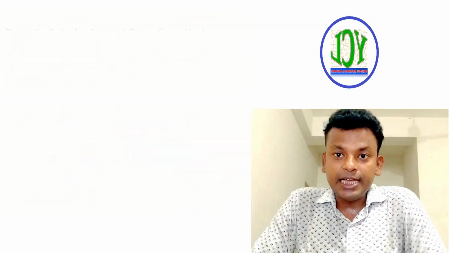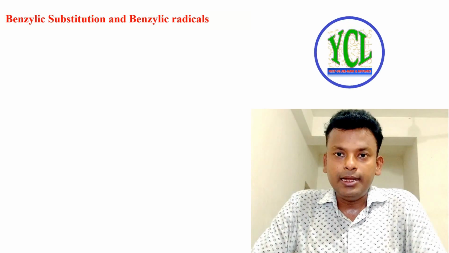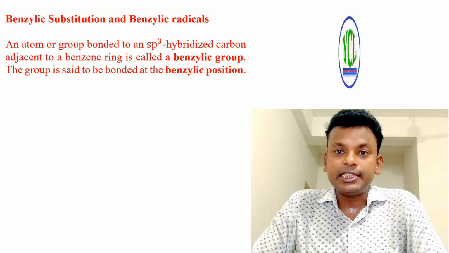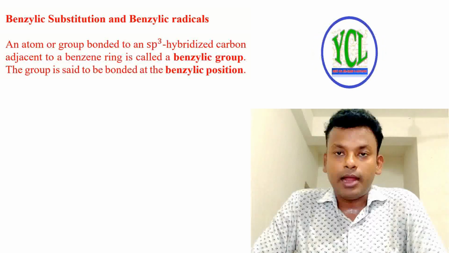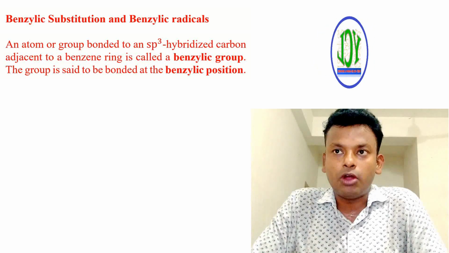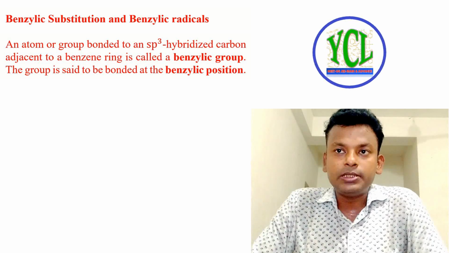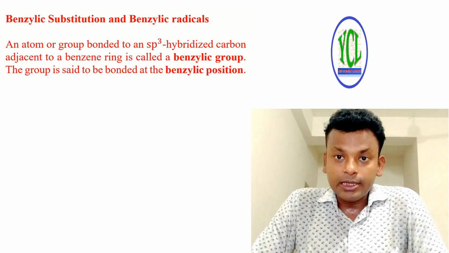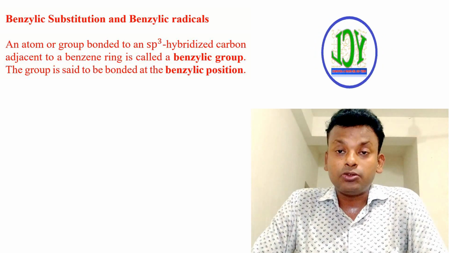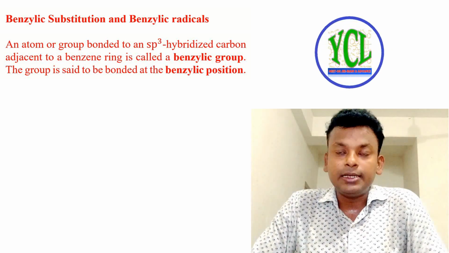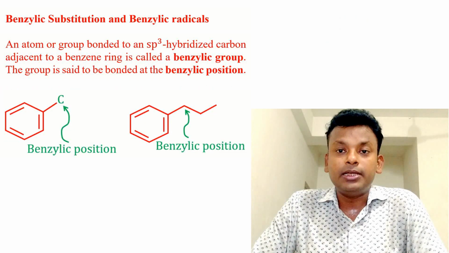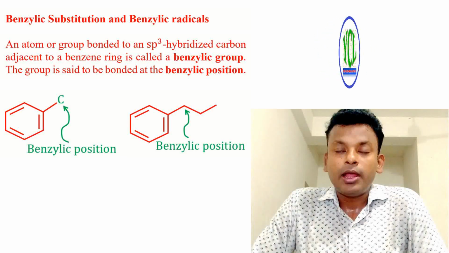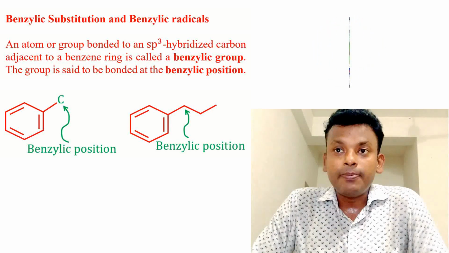And next, benzylic substitution and benzylic radical. An atom or group bonded to an sp3 hybridized carbon adjacent to a benzene ring is called a benzylic group. The group is said to be bonded at the benzylic position, and that means when a carbon is attached directly to the benzene ring, this carbon is called the benzylic position or benzylic carbon, and the given examples are showing this.